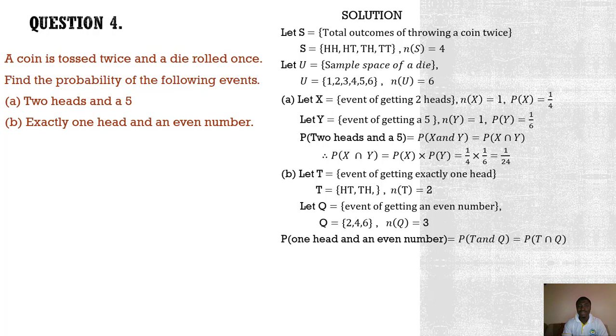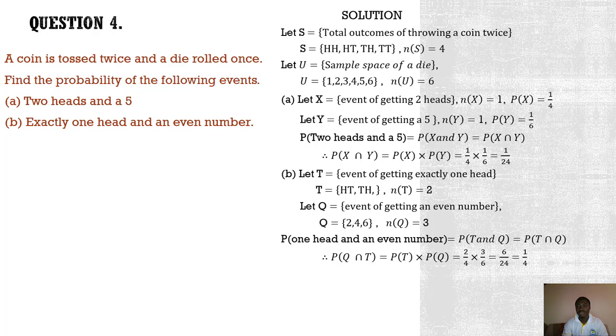Therefore, probability of 1 head and an even number is going to be probability of T and K equal to probability of T intersection K. Therefore, probability of K intersection T is equal to probability of T times probability of K, which is equal to 2 over 4 times 3 over 6.